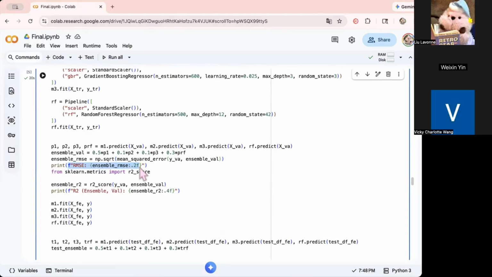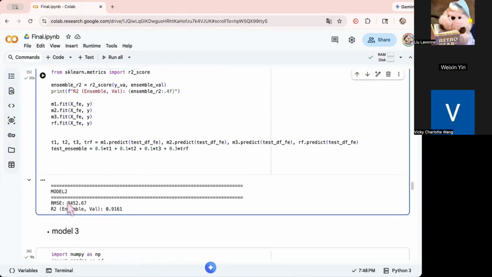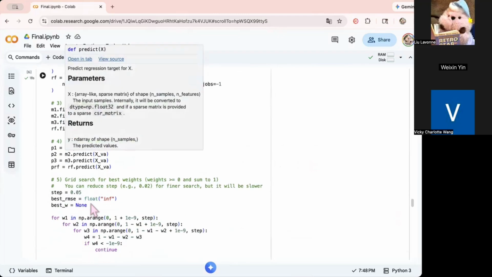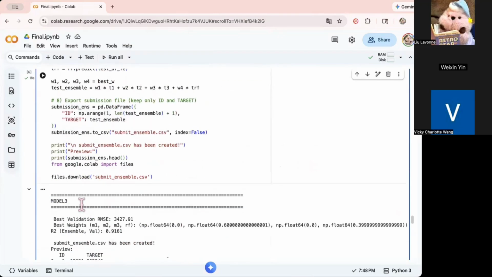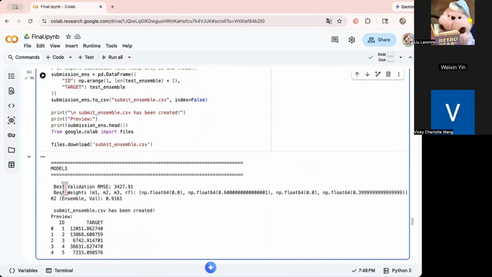Rather than relying only on training performance, we evaluated models on a validation set to measure generalization. Model selection was based strictly on validation RMSE, not training RMSE, to avoid selecting overfitted models.